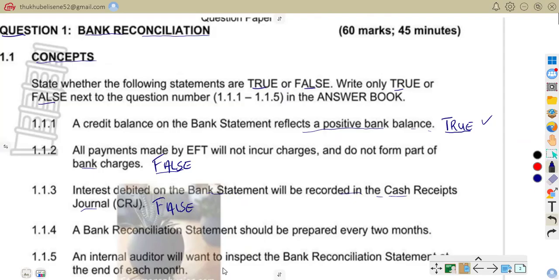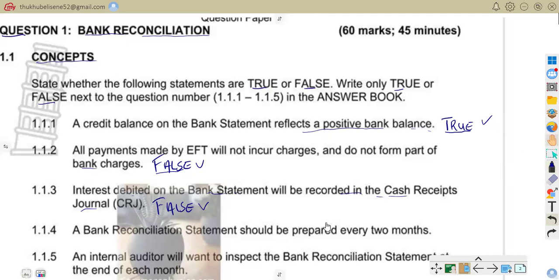Interest debited means money is taken from your account, so it is an expense. It goes to the cash payment journal, not the cash receipt journal. For example, the bank charges 200 interest on overdraft. Money goes out, and as money goes out, this is recorded in the cash payment journal, not the cash receipt journal. The answer there is false.